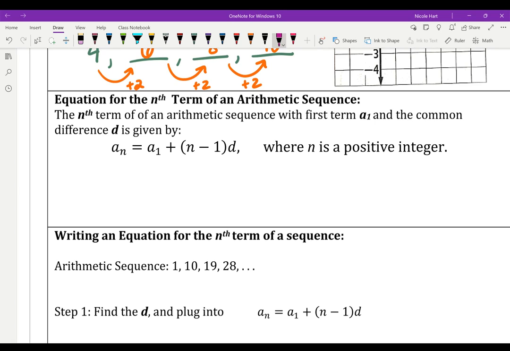We can plug in which value we want. So if we want to find the 10th number or the 50th number, we can just plug it into the formula. To do that, we are going to use the nth term of an arithmetic sequence with first term a sub 1, which is the first term, and the common difference, which is d.